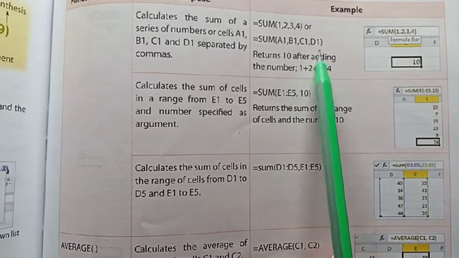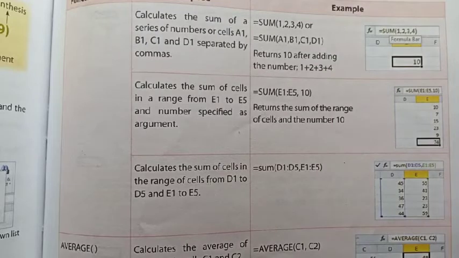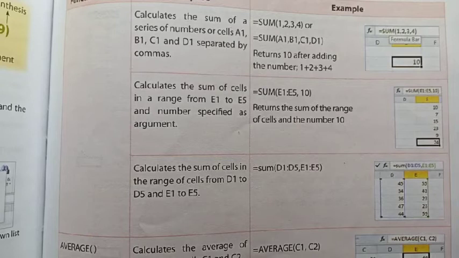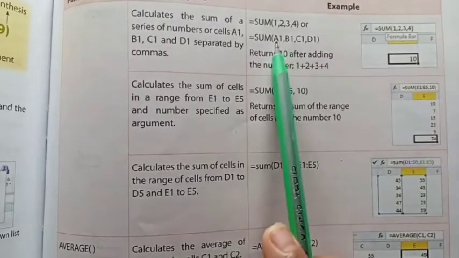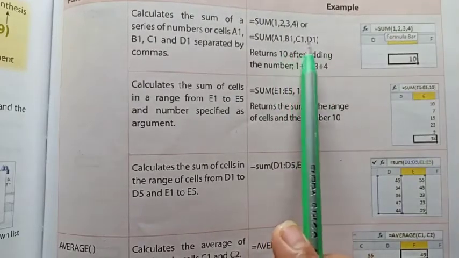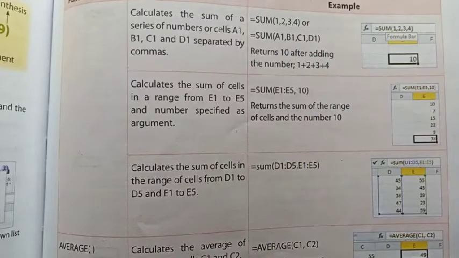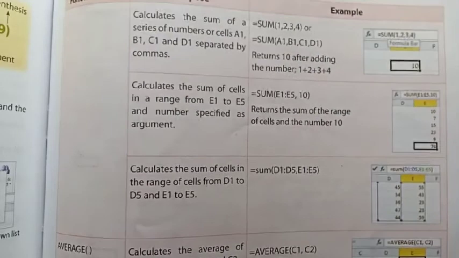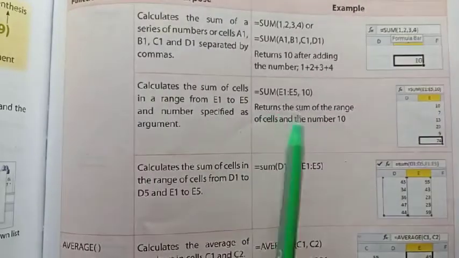So we saw that we can either give the range of cells, or we can give the numbers, the values, or we can write down the cell addresses individually separated by commas to calculate the total.